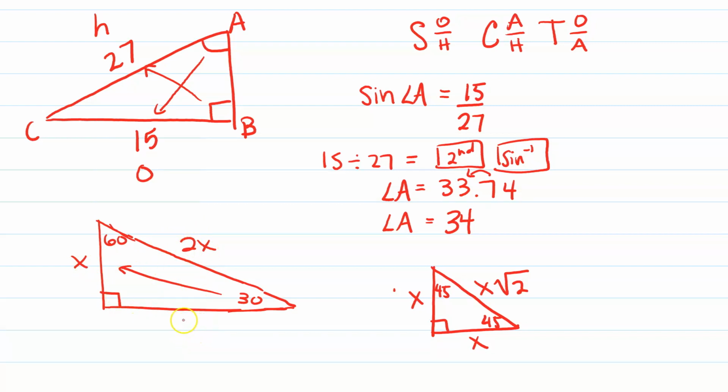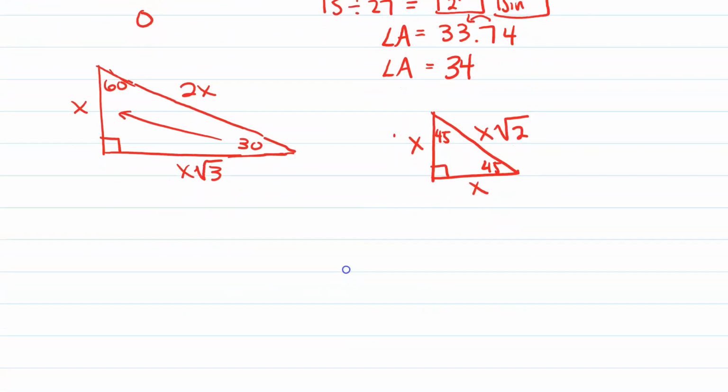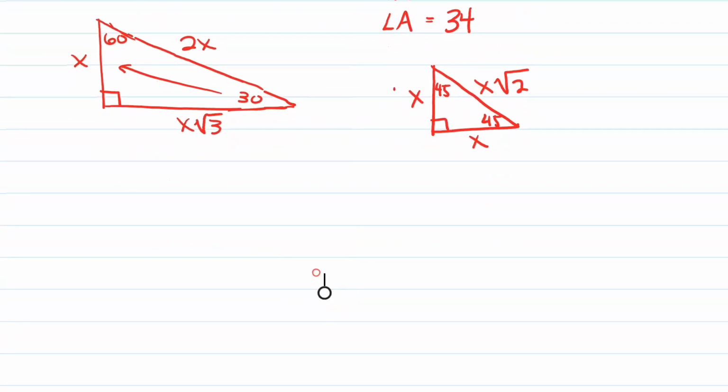If you take the short side times the square root of 3, you get the long side. Now, you don't have to know any of this about special right triangles. We just threw it in there as an extra, and it's kind of a shortcut. I've still got charts on the wall, so if you're in class, you can use the charts on the wall.